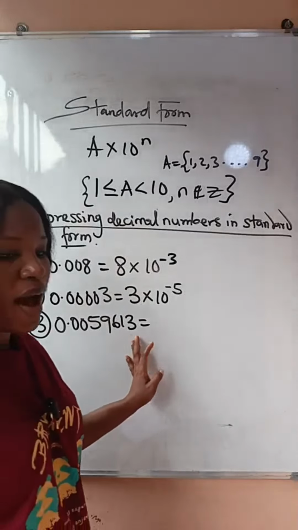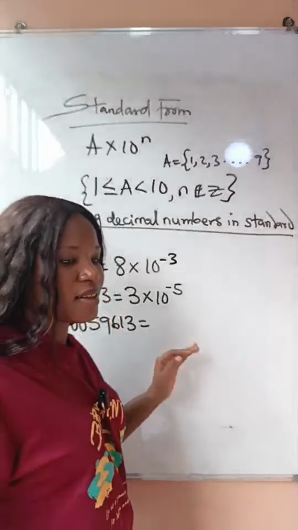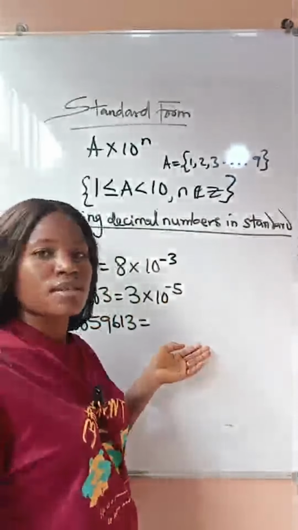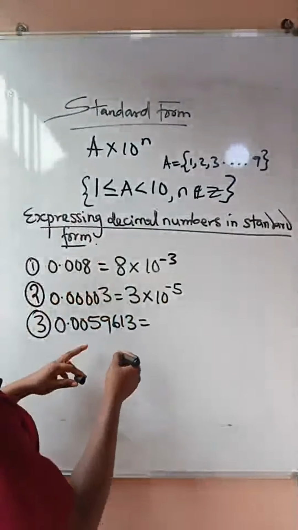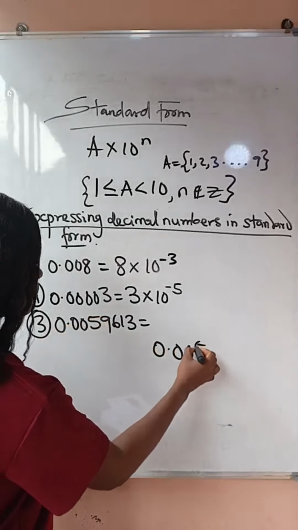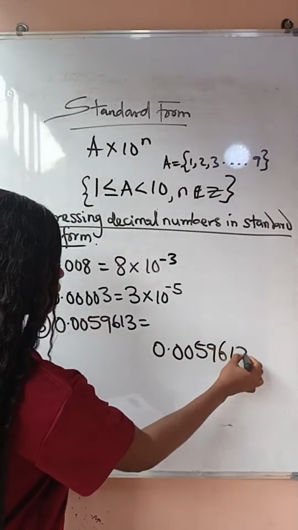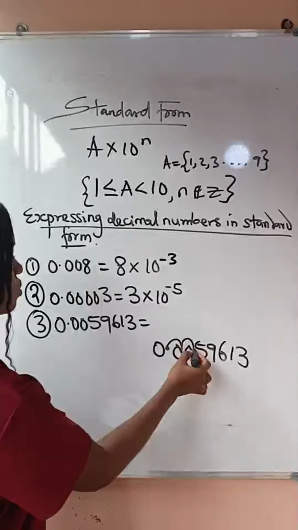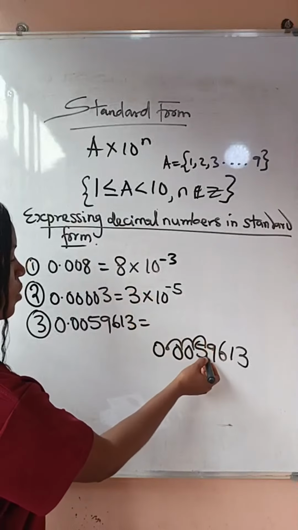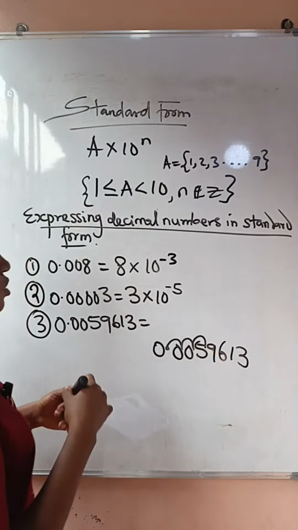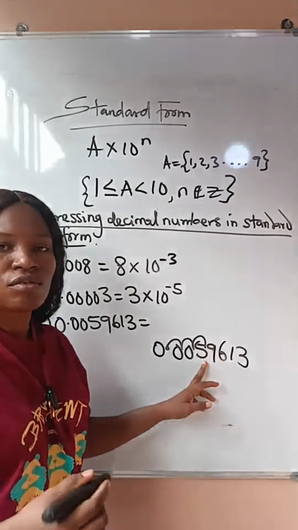We are asked to express this in standard form. So as usual, this is what we have. We're going to shift this 1, 2, 3. I want to stop here because at this point, what I have now is 5.9. So this has qualified for our A.